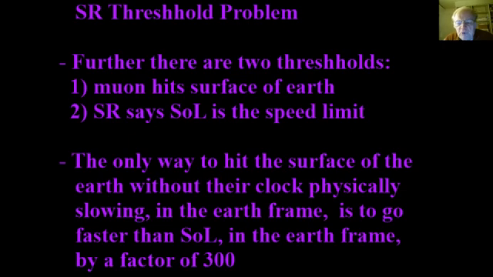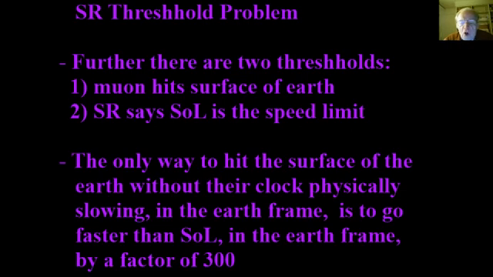The first absolute is that the muon either hits the surface or it doesn't. And in this case, we have many, many hitting the surface when they shouldn't be. Number two is that special relativity says the speed of light is the maximum speed limit. I'm not claiming that it's a fact; it's a fact that special relativity says that.